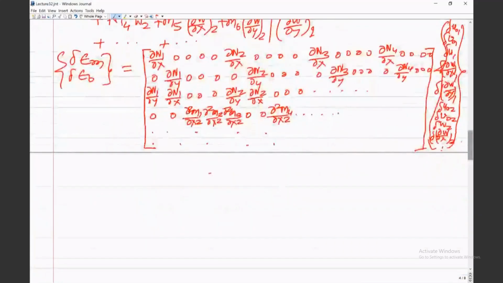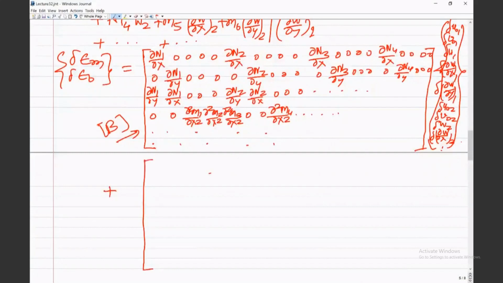So this is how we will write the linear part, and this is what we call simply as B, linear strain displacement relations. Then in this you will also have the nonlinear terms. So now if you look at the nonlinear terms, we are going to have these degrees of freedom.